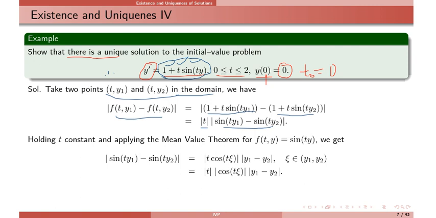There is one theorem in maths which relates f(b) minus f(a) with b minus a. So function difference equal to x difference, that is the mean value theorem. Holding t constant, we apply the mean value theorem in variable y.